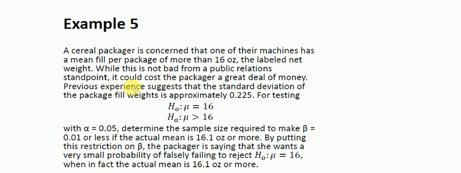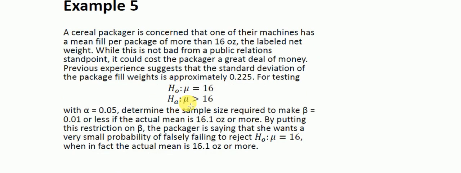So previous experience suggests that the standard deviation of the package fill weights is approximately 0.225. So for testing, the null hypothesis states that mu is equal to 16, but the manager of that company is concerned that mu is actually greater than 16.